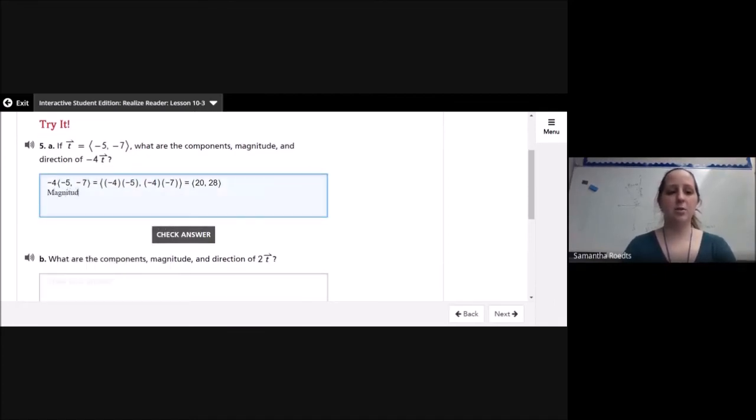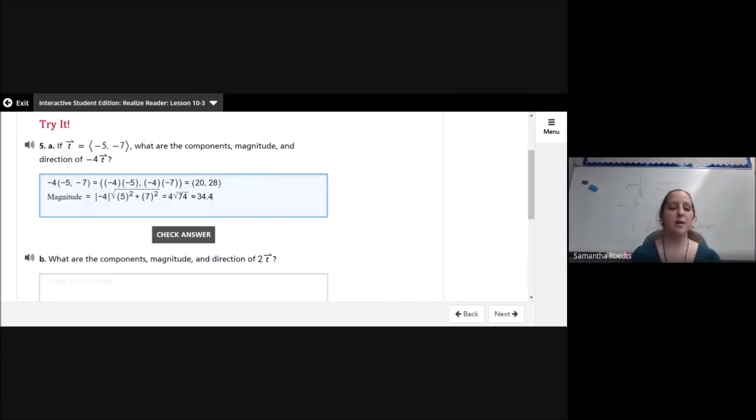My magnitude, I'm going to take the absolute value of -4 times the square root of 5 squared plus 7 squared, which equals 4 times the square root of 74, which approximately equals 34.4.